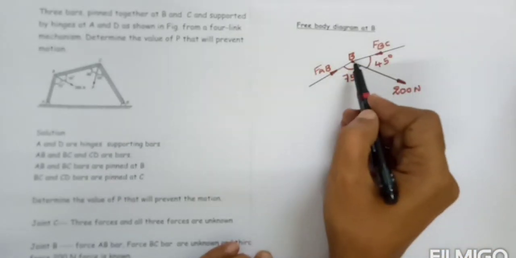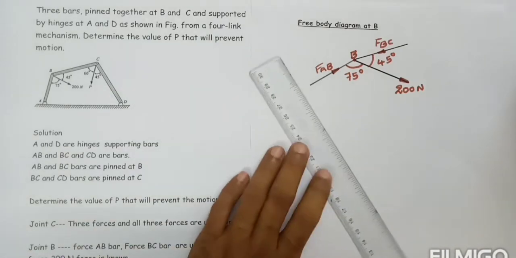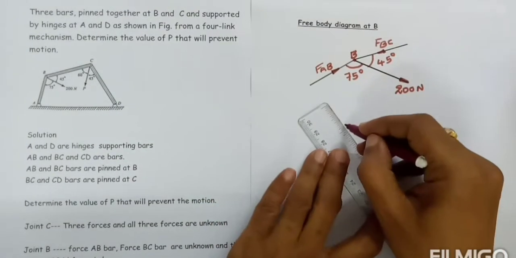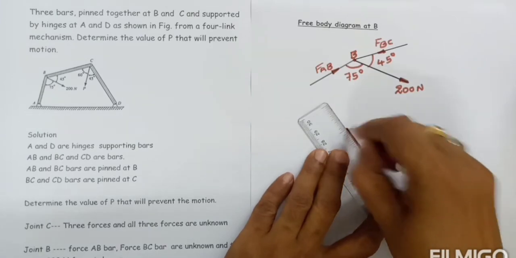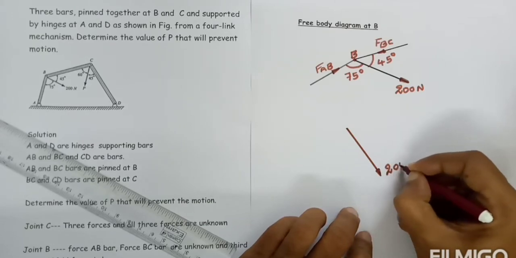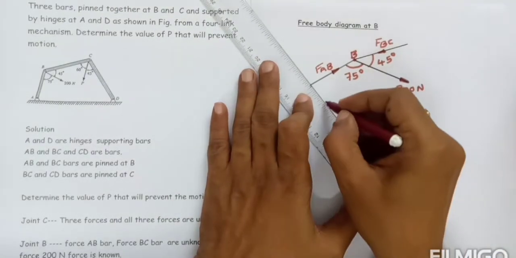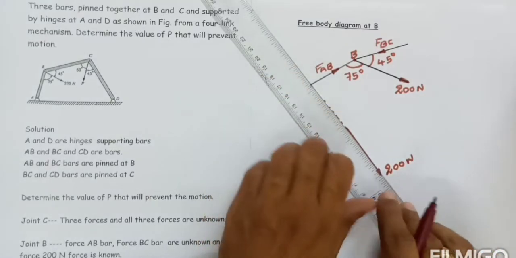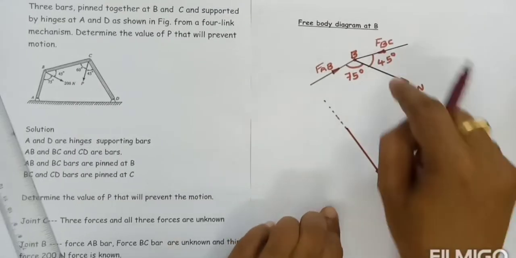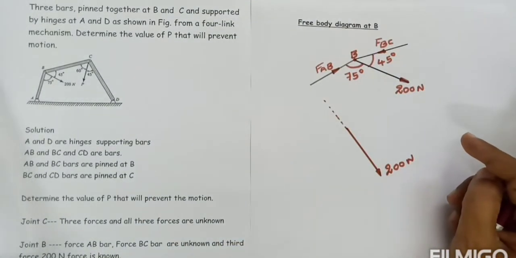All these 3 forces are acting at point B. Now draw the 200 Newton force first, and then FBC is traveling in this direction at an angle of 45 degrees to the 200 Newton force.